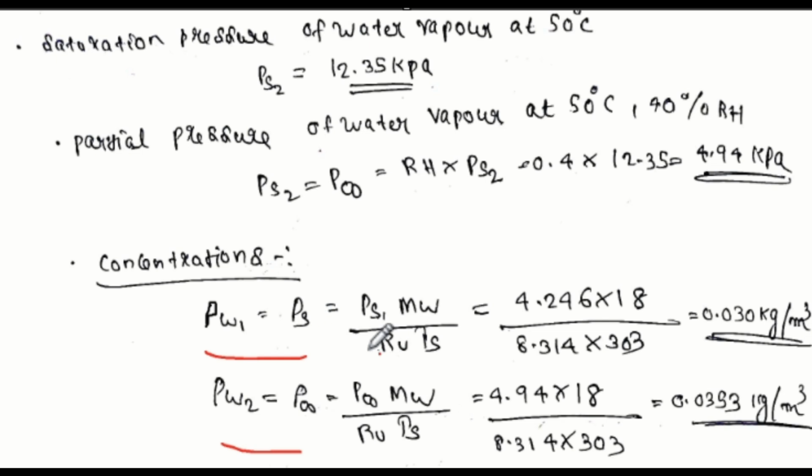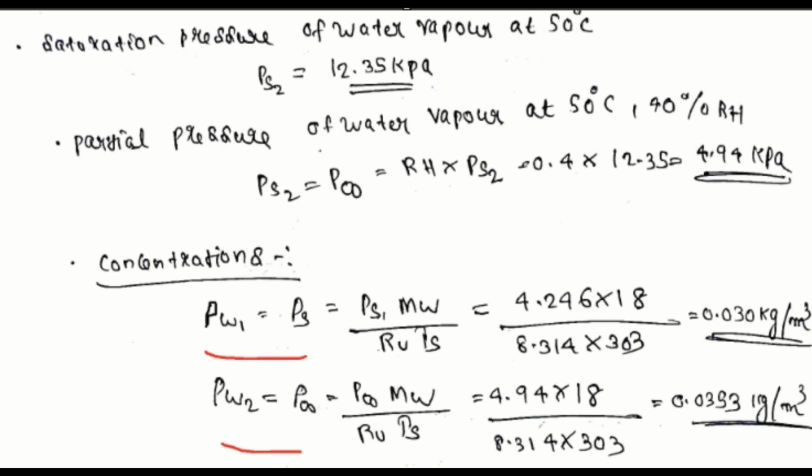From that equation, this formula is derived. You just have to learn this formula. Rho s, the mass concentration, is given by Ps1 times the molecular weight, divided by the universal gas constant times temperature. The only difference is the partial pressure. For water vapor we use the molecular weight of H2O, that is 18, and for the temperature we consider only the surface. Using this equation we get the concentration in the two partial pressure regions.